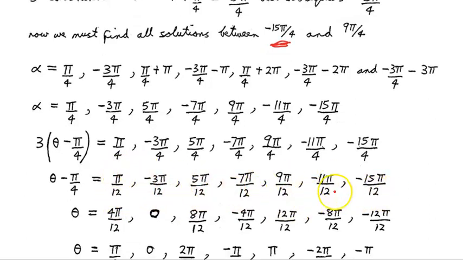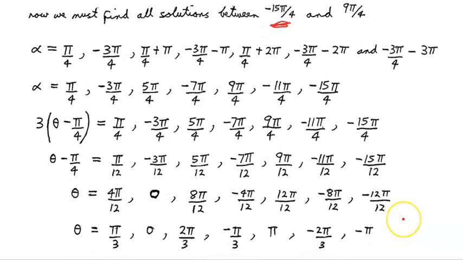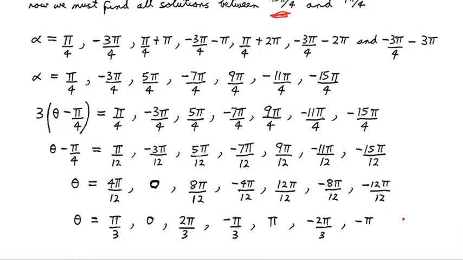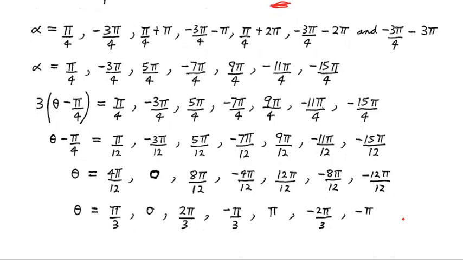Nothing in the numerator changes. Then we're going to add pi on 4 to both sides, which gives us 4 pi on 12, 0, 8 pi on 12, minus 4 pi on 12, 12 pi on 12, minus 8 pi on 12, minus 12 pi on 12. You can do those calculations for yourself to verify that, but I don't want to distract you by doing that. I just want to keep the focus on the process.